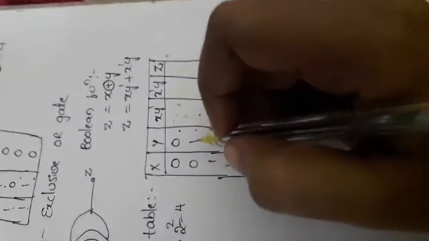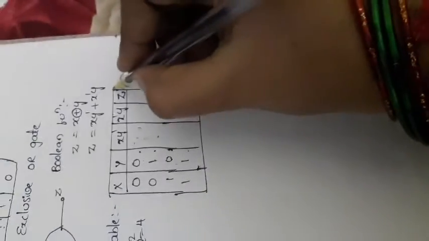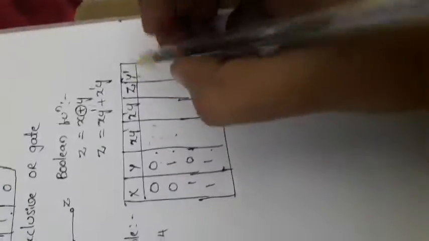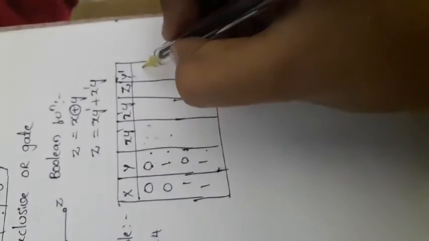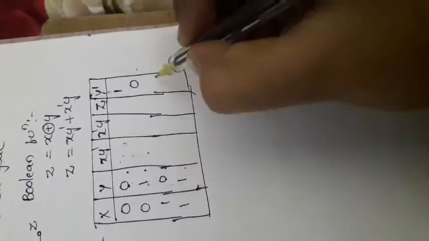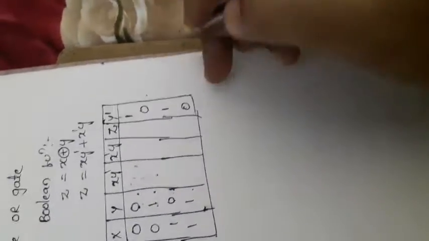Okay, so you need to expand for this. I can write here y complement. So 0 changes to 1, 1 changes to 0, 0 changes to 1, 1 changes to 0. This is the y complement value. Now find x into y complement.